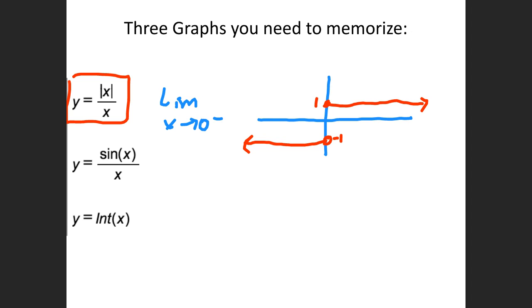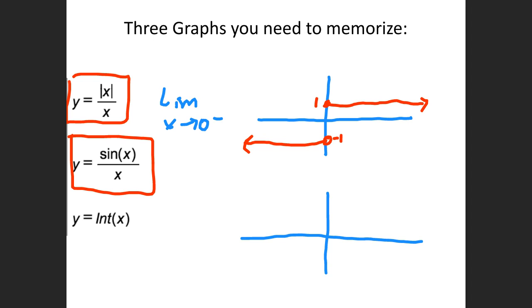So does this one. The sine of x over x. Okay? Here's what that graph looks like. Memorize it. I don't ask students to memorize a lot of things, but boy, does this help out if you can memorize these. All right, so this is the sine of x over x. It's a tough one to graph. I usually try to do this, and it gets closer and closer to 0.